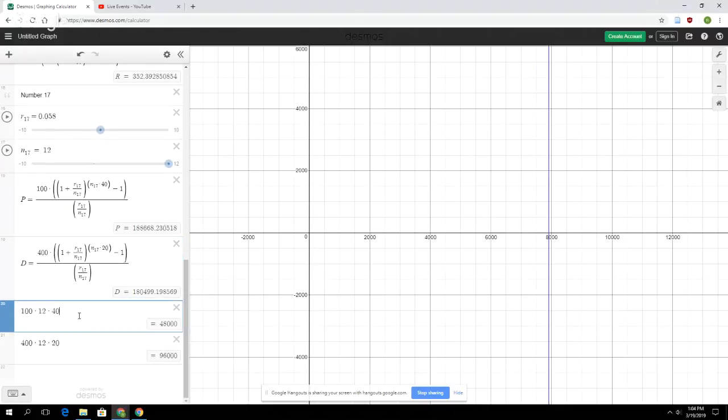Now what I find interesting is Pauline only contributed 48 grand to her total of 189 grand in her retirement account. So this idea that saving early, even if it's a small amount, matters is something that we're trying to get across in this problem.